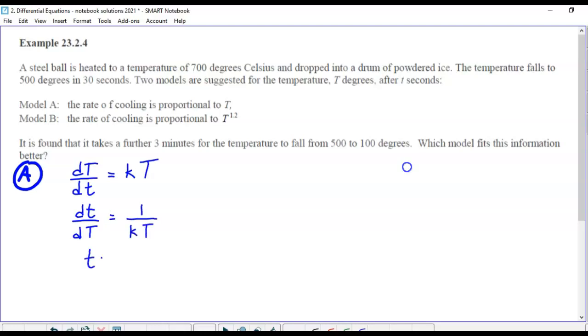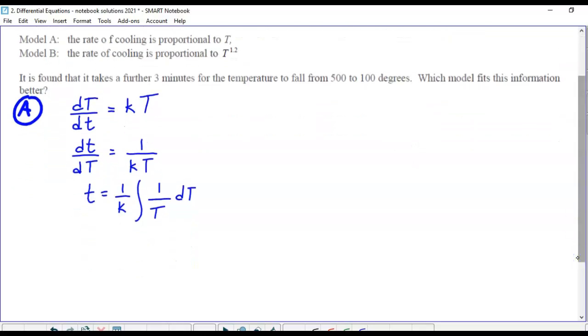All right, so that means time is equal to... we can factor out the 1 over k because that's not a variable. Okay, so that's your equation.